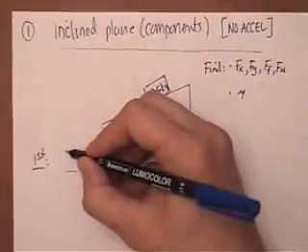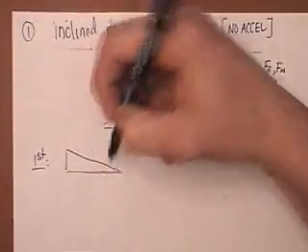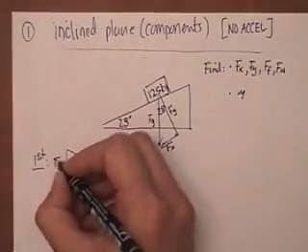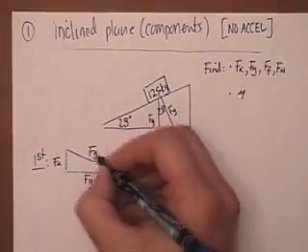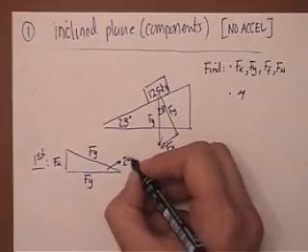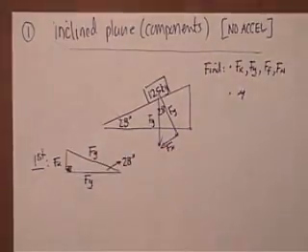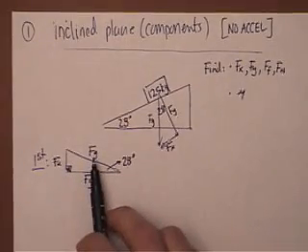So that's going to be Fy, Fx, Fg, and this here is 28 degrees. That's your right triangle.